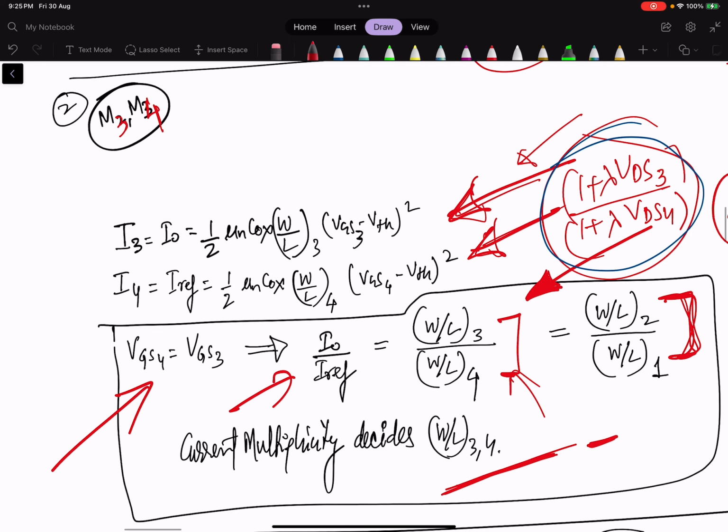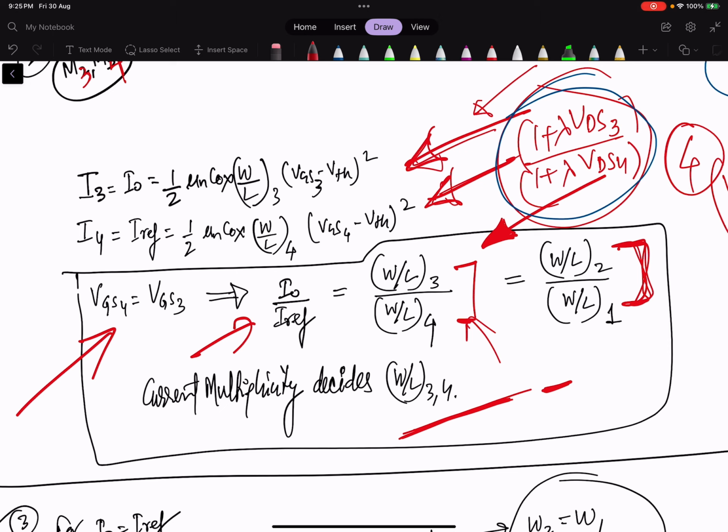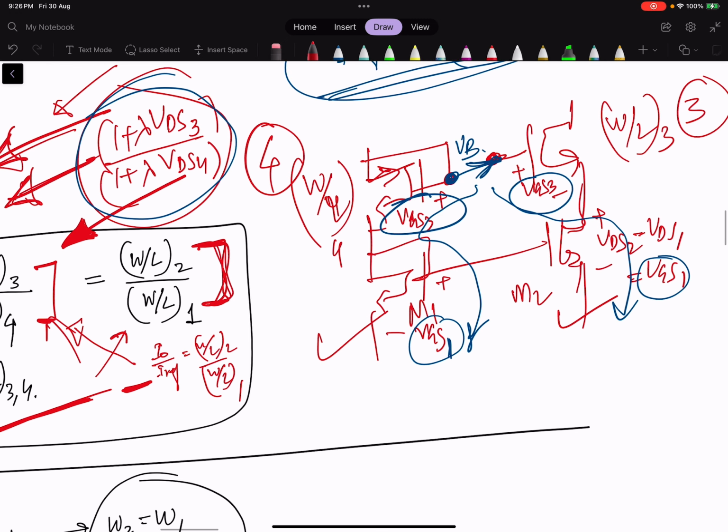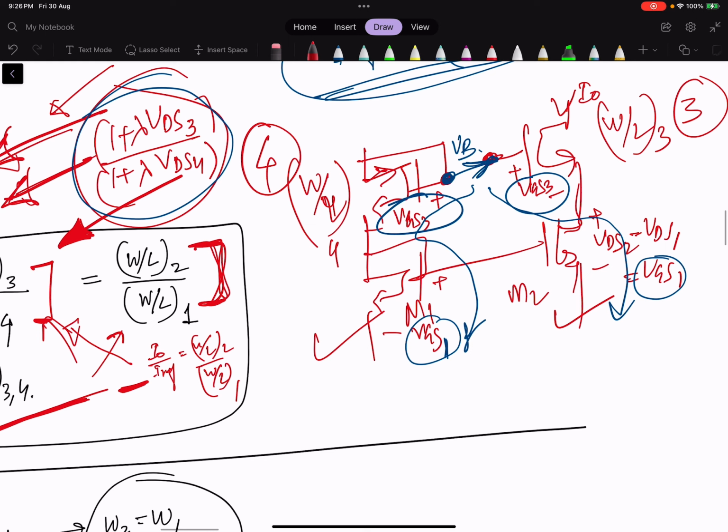It's simple, just like I0 upon IREF is equal to W by L of 2 by W by L of 1, similarly we have 3 by 4, because in this branch the current will remain the same, I0 and IREF.